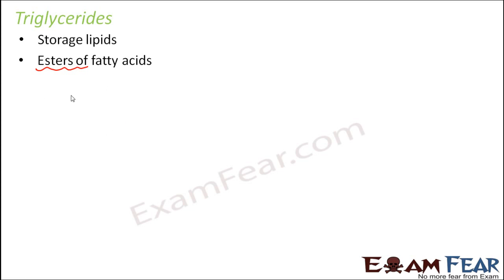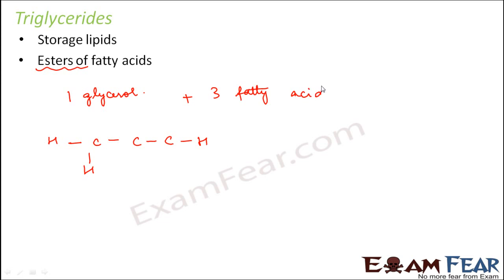So let us look at the structure of triglycerides. Now a triglyceride consists of a glycerol, which is somewhat like this. What is a glycerol? It has alcohols. So it consists of one glycerol and three fatty acids. One glycerol and three fatty acids together by dehydration synthesis will form a triglyceride.